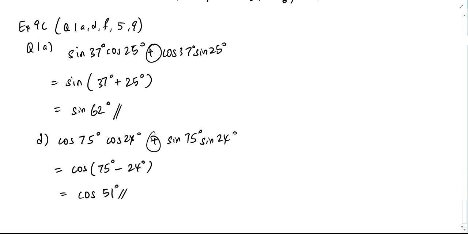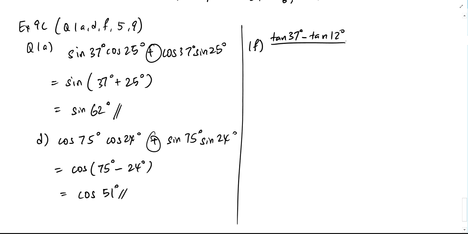And the last question, 1F. So tangent 37 degrees minus tangent 12 degrees. Okay, this is shaping up to look like our addition of the angles for tangent. 1 plus tangent 37 degrees, tangent 12 degrees.